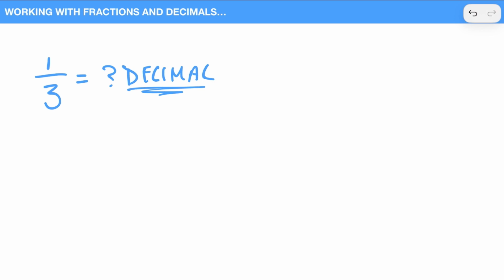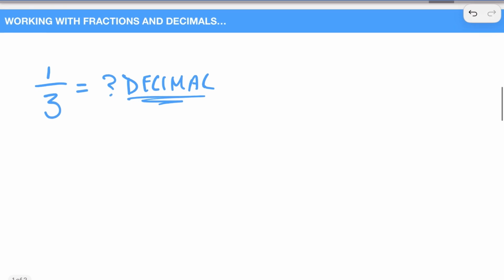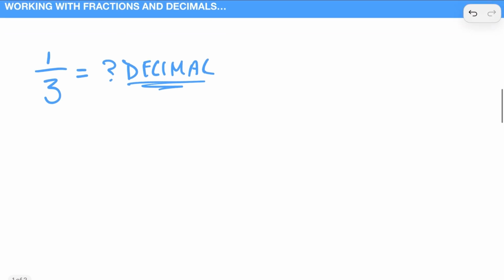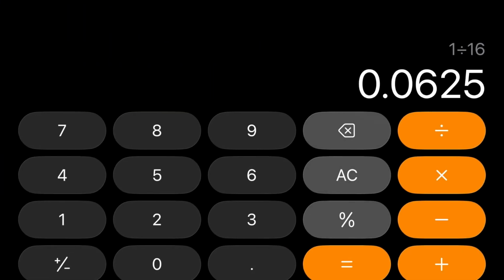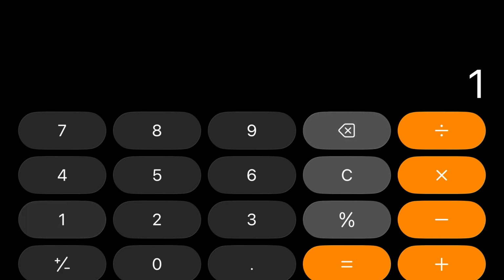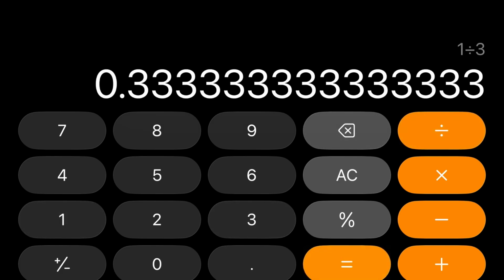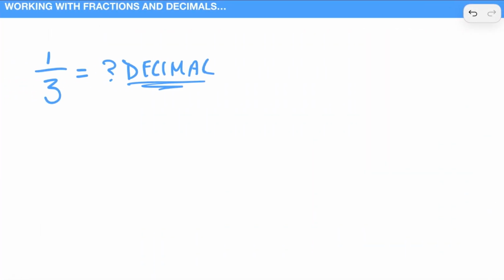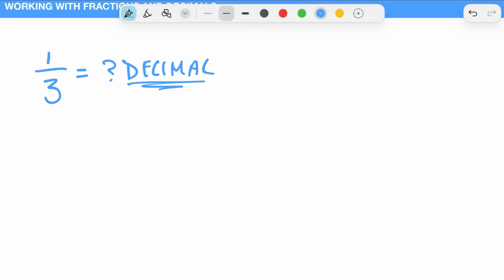Well, if you do 1 divided by 3 in a calculator, whoa, you get this number. It's 0.33333333 repeating.